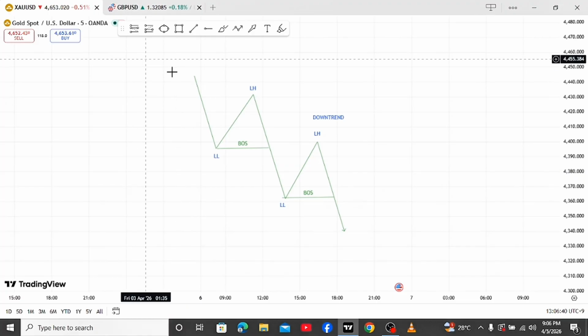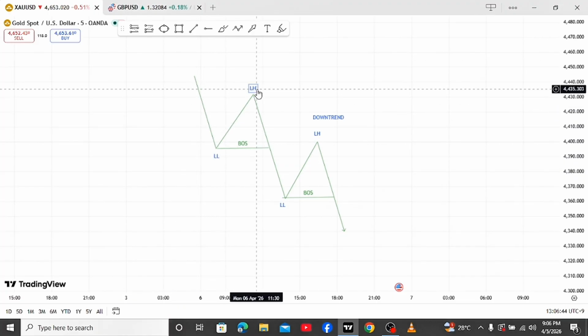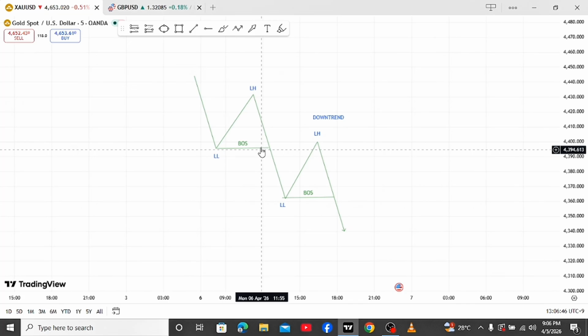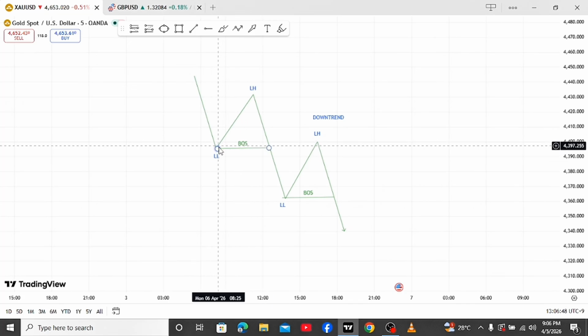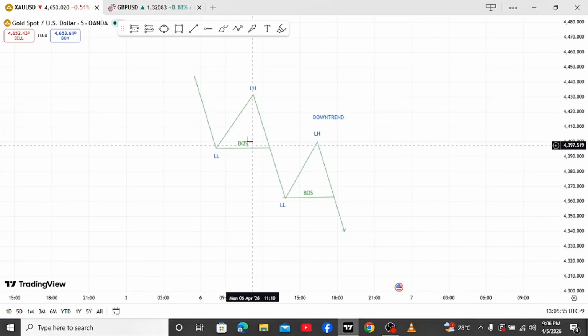So if you notice, the market moved down, creating a lower low and then a lower high, and then a new lower low, leaving a break of structure behind, meaning it took out this lower low. This caused this break of structure.